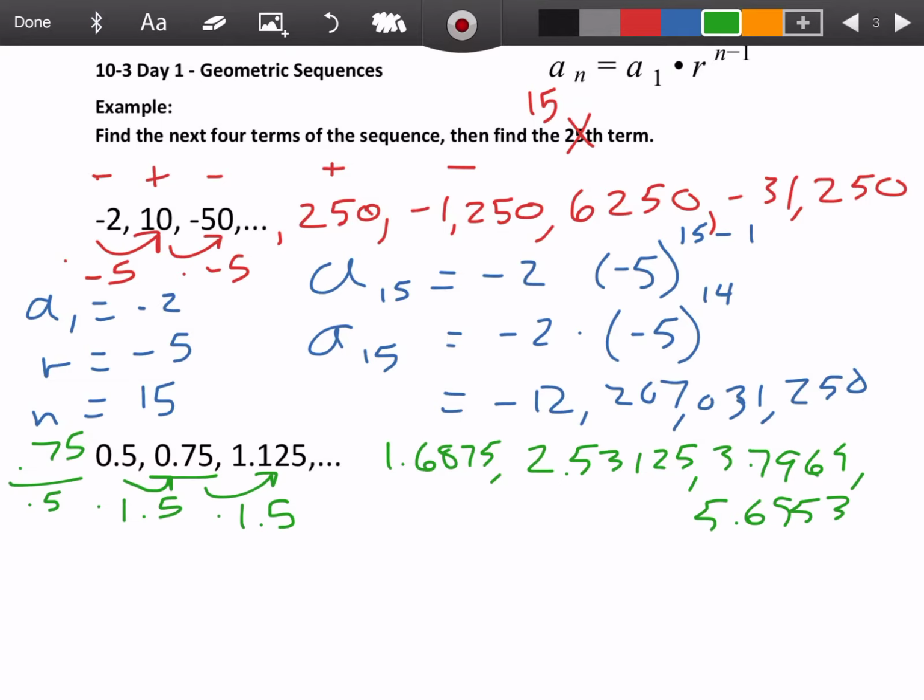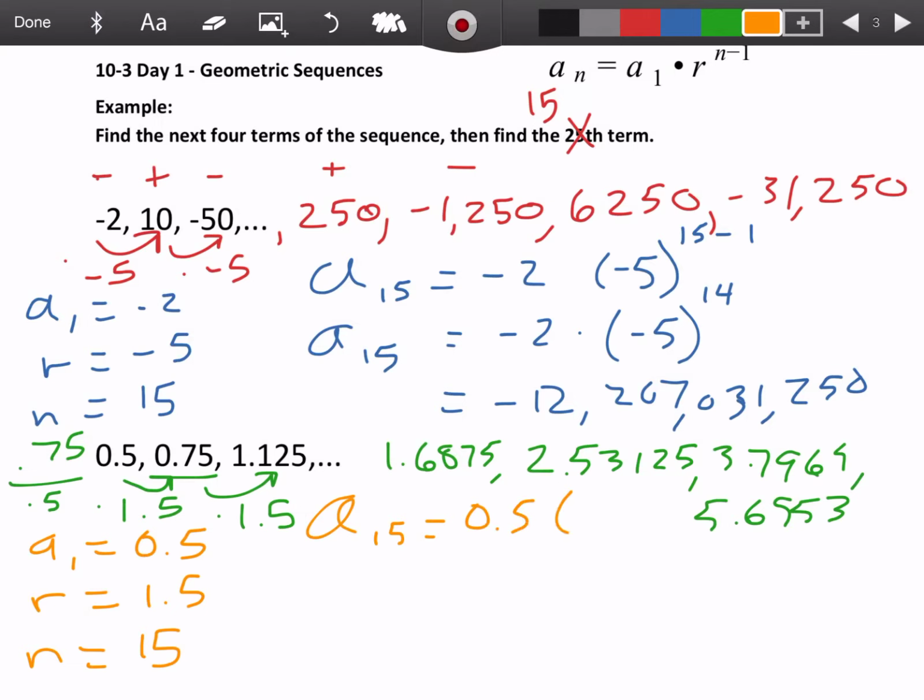But so then if we wanted to find the 15th term, we need A1, our ratio, and our n. So A1 would be 0.5, our ratio is 1.5, and then our term is going to be 15. We've got to find A of 15.